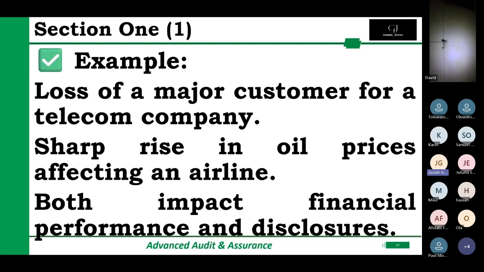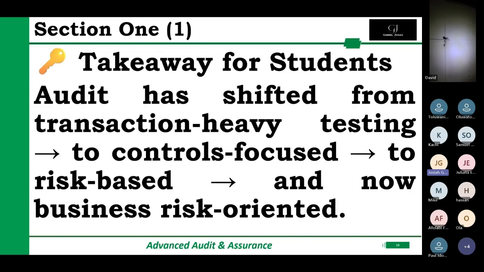So in auditing such an airline, the oil prices, the fuel we use to fly airplanes, could be a risk that auditors look at, as those prices could bedevil the operations of that airline if not properly mitigated. So these are perfect examples that the business risk approach addresses during an audit. Both the impact on financial performance and disclosures are what the business approach looks at.